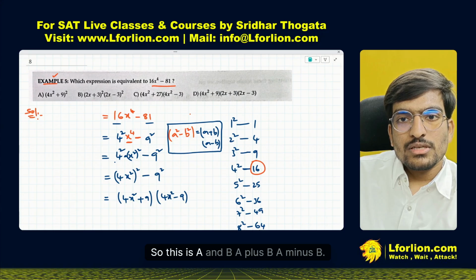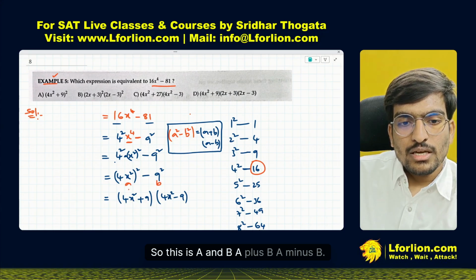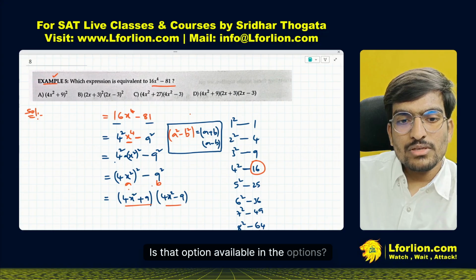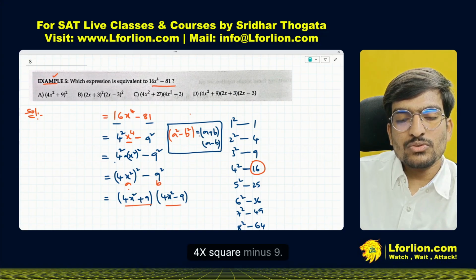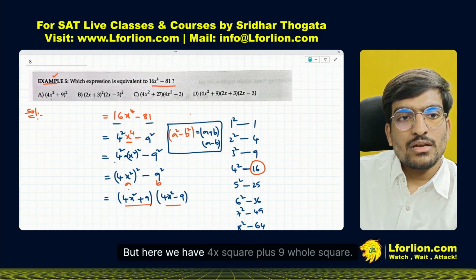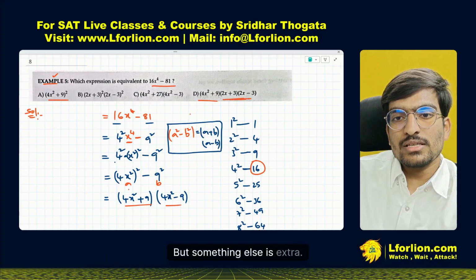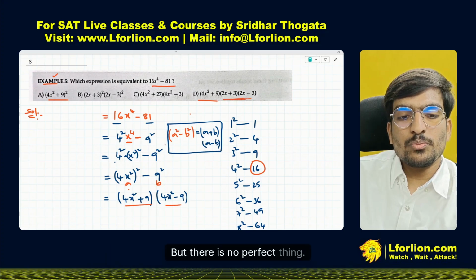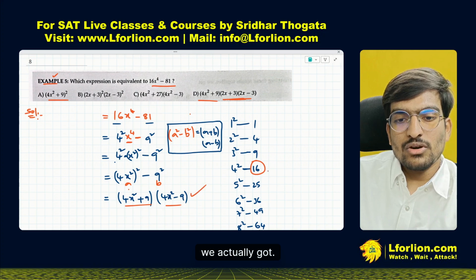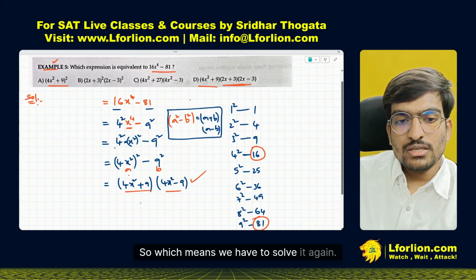So this is a and b, a plus b, a minus b. Is that option available in the options? Here we have 4x square plus 9 whole square, and in option D we have 4x square plus 9, but something else is extra. But there is no perfect match, which means we have to solve it again.